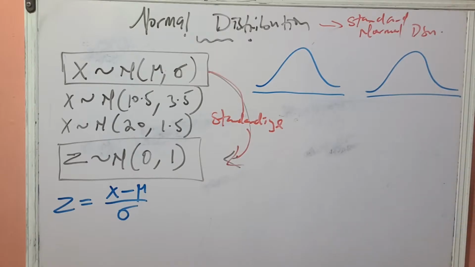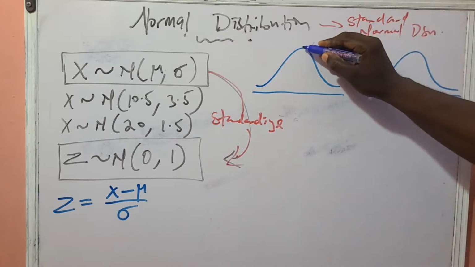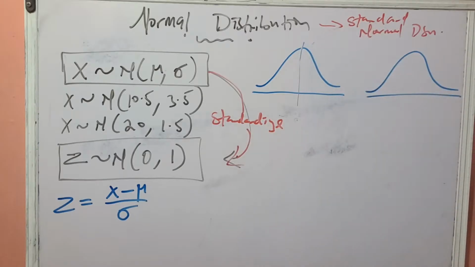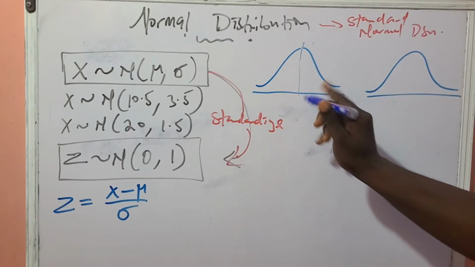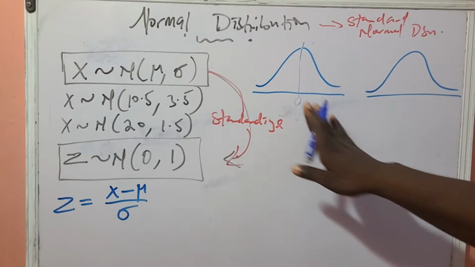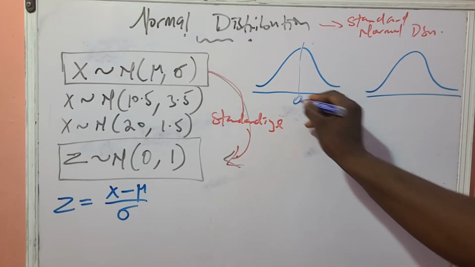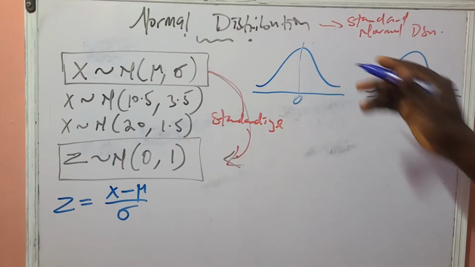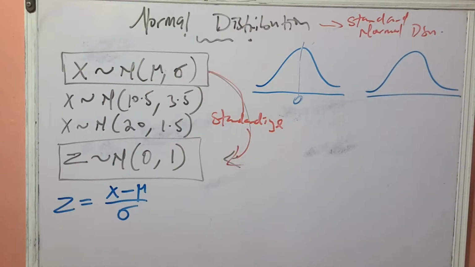All right. So you would see something written like this. You have zero being written here. And then you would see that this other one too has zero. All right.